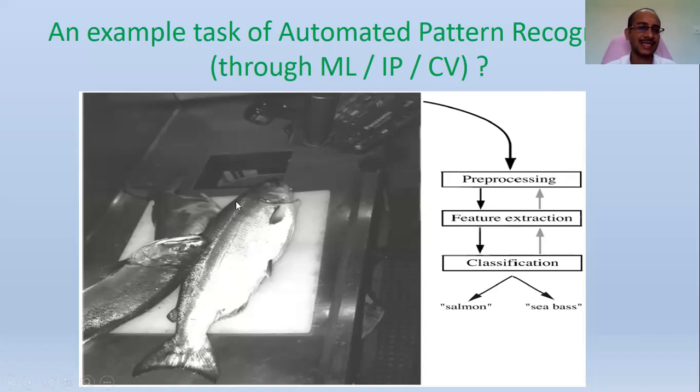After that, the feature extraction, like the length, width, average intensity, number of fins, and so on. That comes under feature extraction. Subsequently, we should have an elegant algorithm that classifies, based on features, into one of the categories.